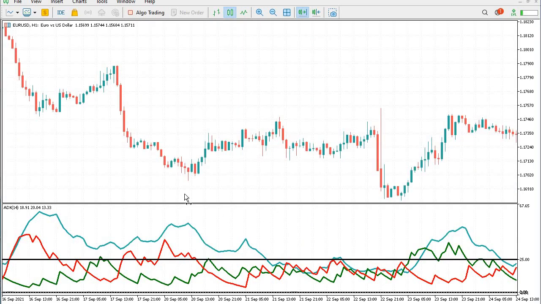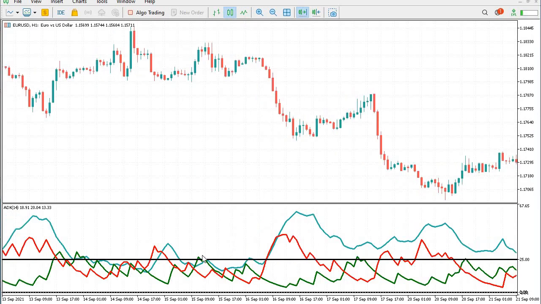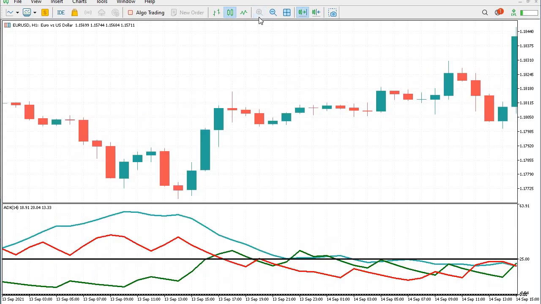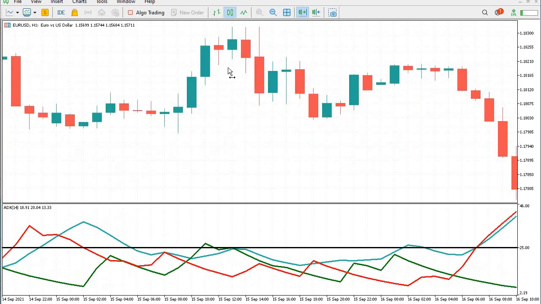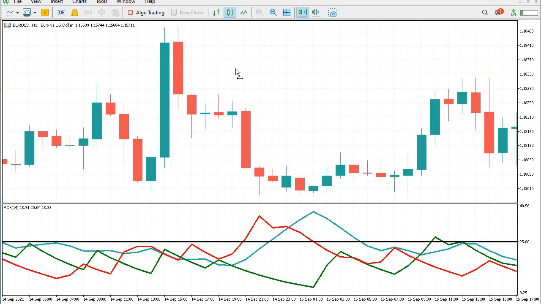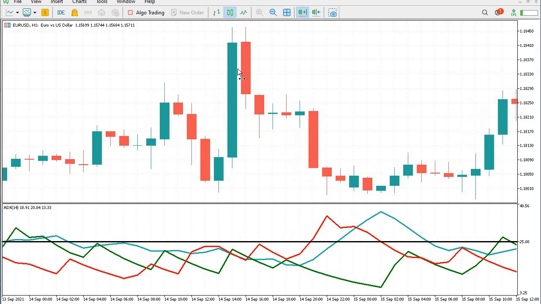Let's check the opposite. The opposite will say when this blue line is below the 25 level, and then let me see where it shows. It's not giving a signal yet. Here it is.